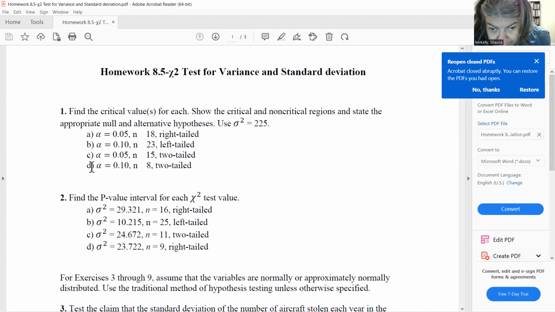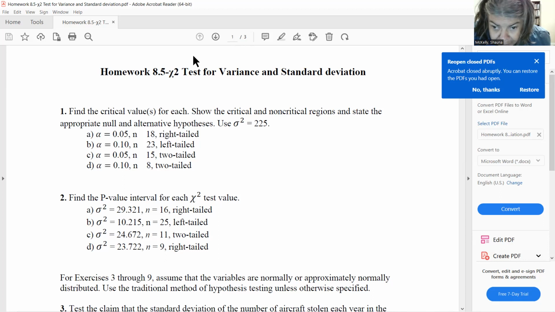are going to allow you to practice finding the critical values and finding the p-values for the chi-square test. And that's because it's a little bit different, just like finding the confidence interval was a little bit different.